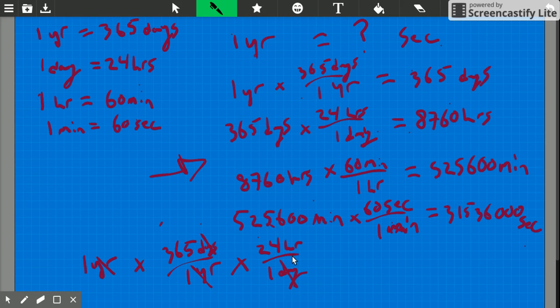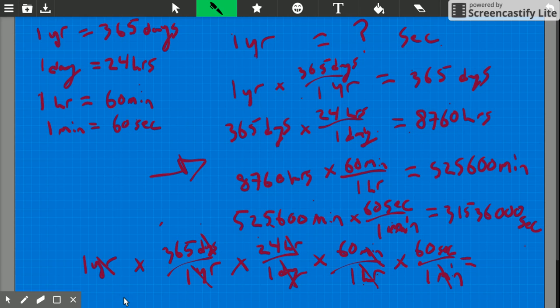Let's get from hours to minutes. Let's cancel out hours. 60 minutes per hour. Hours will cancel out with hours, and we know that the product of these four numbers is going to be units of minutes. And finally, the product of these five numbers is going to have units of seconds.